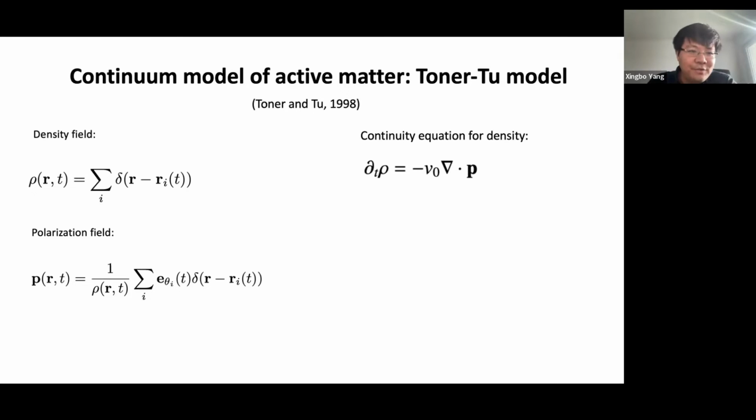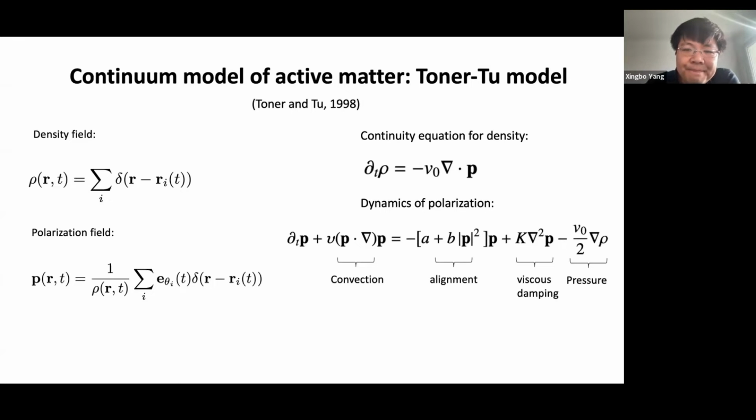For that, you introduce a polarity field that basically tells you, if you think about it locally, you average a bunch of particles, and what is the average direction of motion, or their polarity, characterized by a vector. It is related to both the magnitude of the polarity, where 0 is completely disordered and 1, for example, is ordered, depending on how you define it, and it also gives direction, which is a director field.